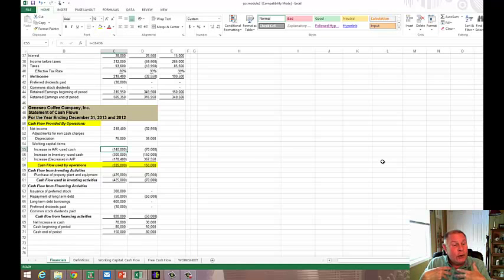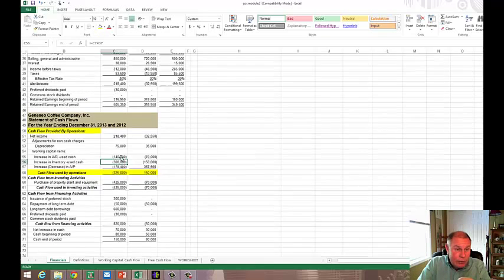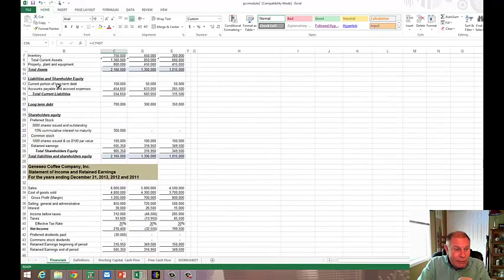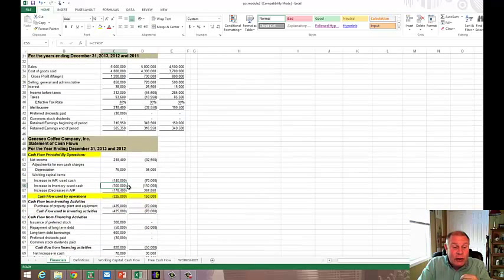So we've had to increase accounts receivable. That used cash. We need to increase inventory. That used cash. We reduced accounts payable last year. We went from 633 to 454. That took cash. So last year, operations used cash as opposed to providing it.